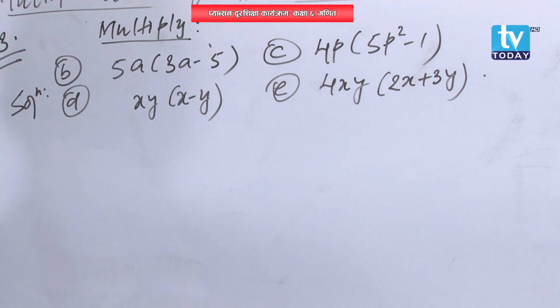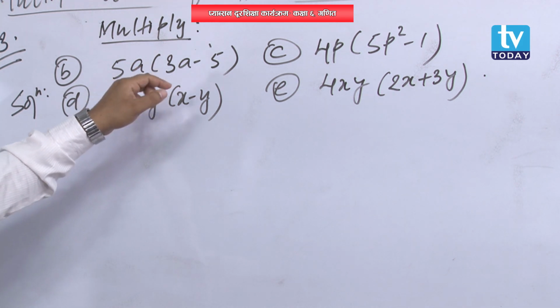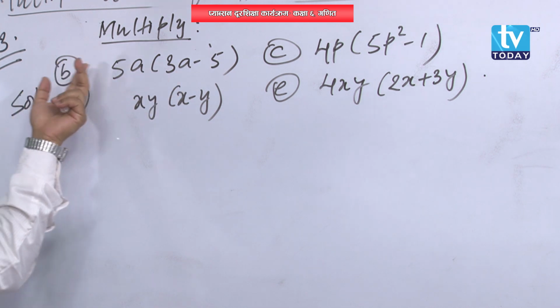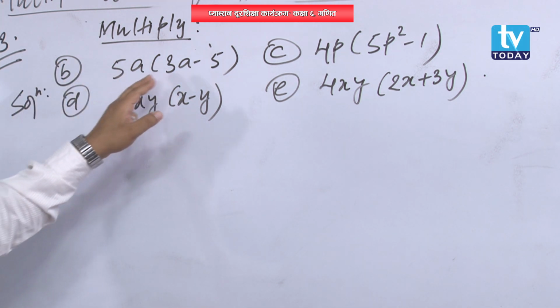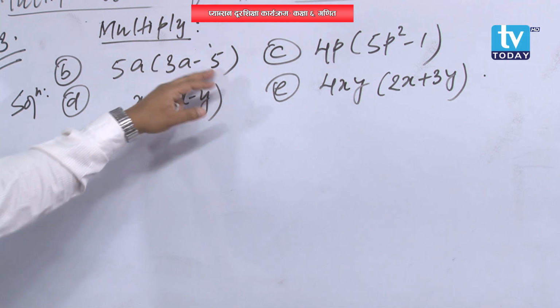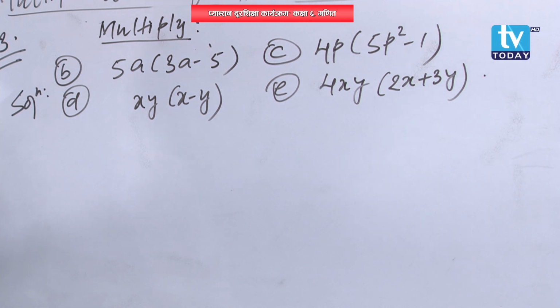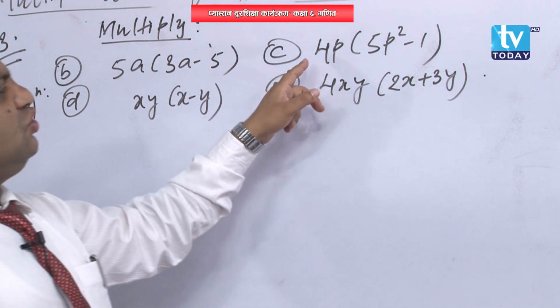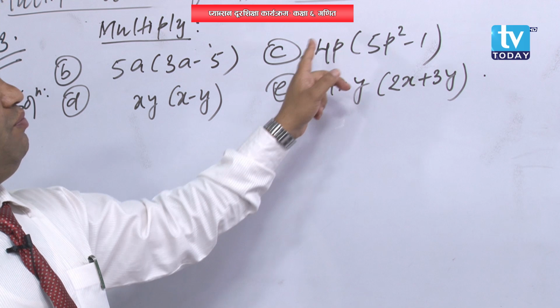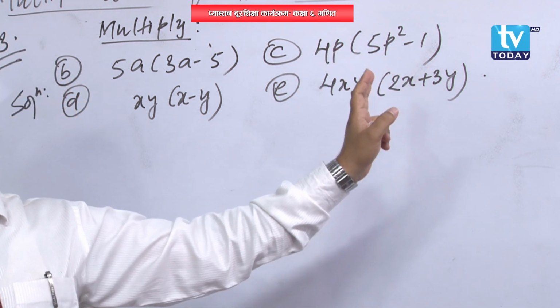Let's check your question again. 5a into 3a minus 5. Again same process: first you have to multiply 3a by 5a, then minus 5 by 5a. Clear? So here also first you have to multiply 5p square by 4p, and again you have to multiply 1 by 4p.